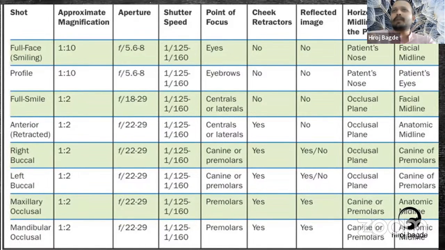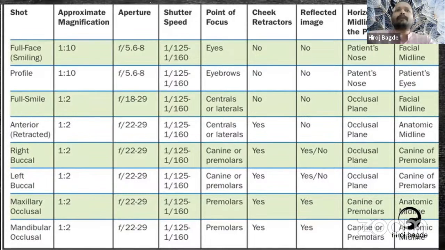This has been constructed and studied a lot, and I have collated everything inside this about the types of images which are there for dental imagery, and these images are required whenever you are carrying out a case.